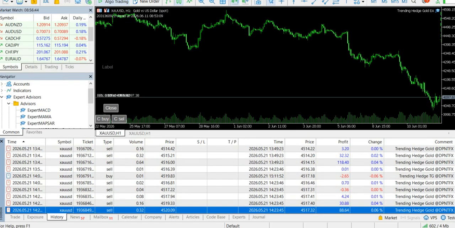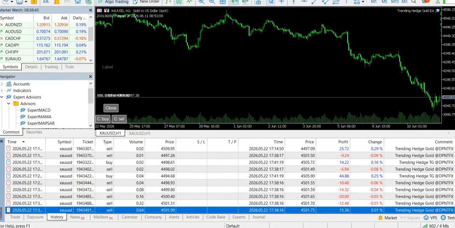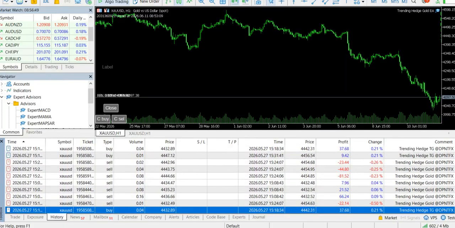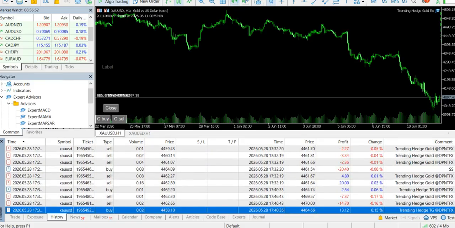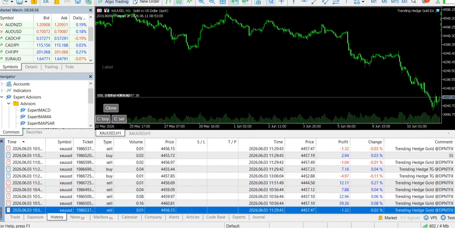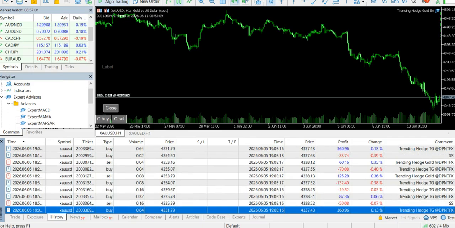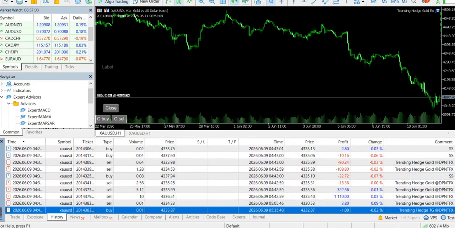This one we started on 21st of May, and today is 11th of June. So it's just 2 weeks, but still it's very important to see whether the bot was able to survive in this kind of market situation or not. You can see the kind of movement that we experienced in the last 3 days.